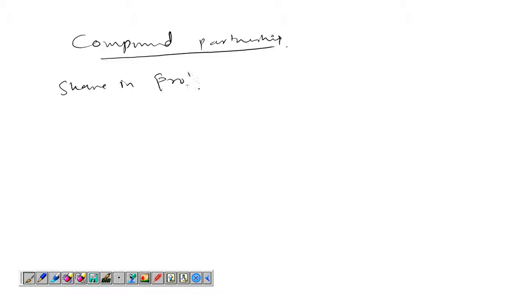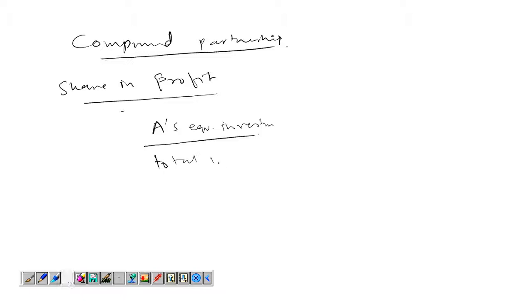So the formula for compound partnership to find the share in profit would be: A's equivalent investment by total equivalent investment into total profit.